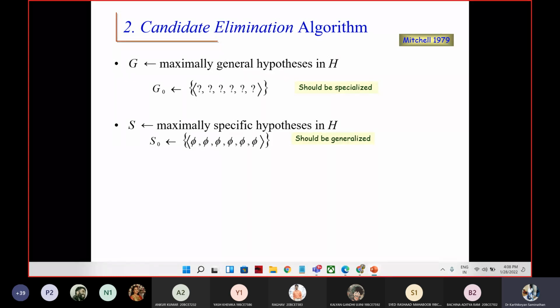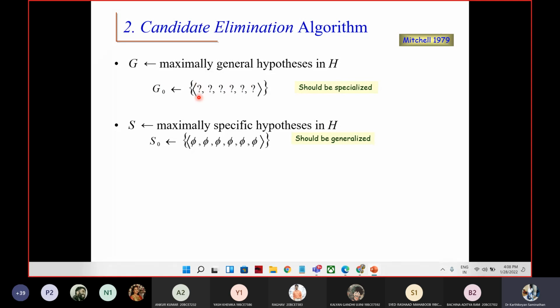Now here we will have two hypotheses. One is the general hypothesis, another one is the specific hypothesis. The general hypothesis is represented with G, and the specific hypothesis is represented with S. The hypothesis space H is nothing but the whole set. The general hypothesis is represented with the question mark symbol.